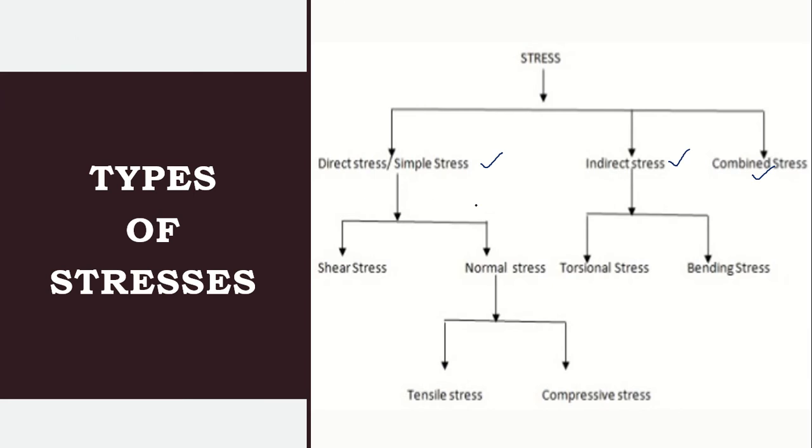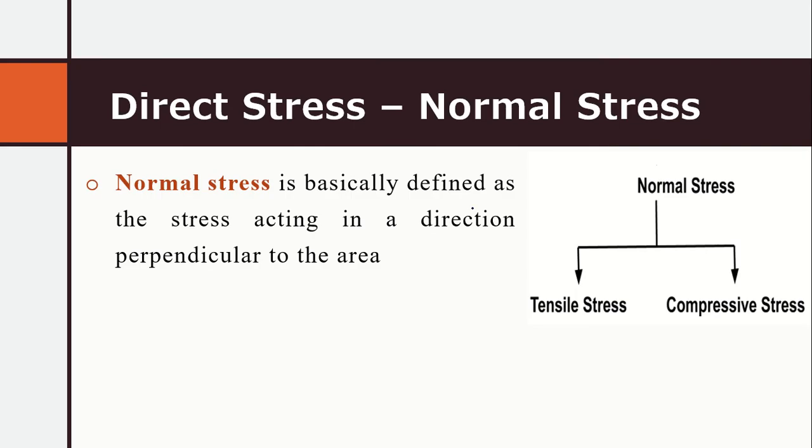Okay, so coming to the first one, the first classification which you have seen is direct stress or a simple stress, which is of two types as told earlier. We have normal and shear. Normal is again of two, tensile stress and compressive stress. If you observe tensile and compressive, this stress is developed based on the kind of loading which is falling. First of all, before we go into tensile and compressive stress, we call it a normal stress because the load is acting normally or perpendicularly to the area.